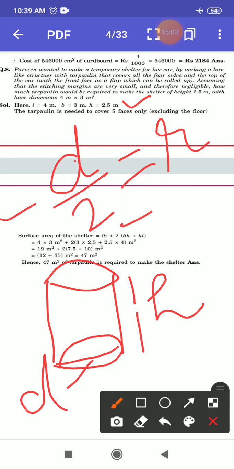So you have to understand that in the cylinder two dimensions are there. The first dimension is height and the second dimension is diameter, and diameter is related to the radius, that is, half of a diameter is called a radius. Okay, so you have to understand these things.